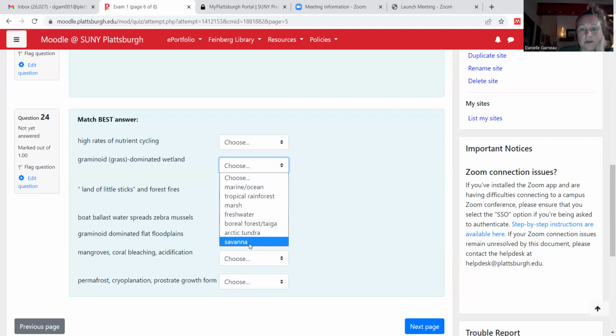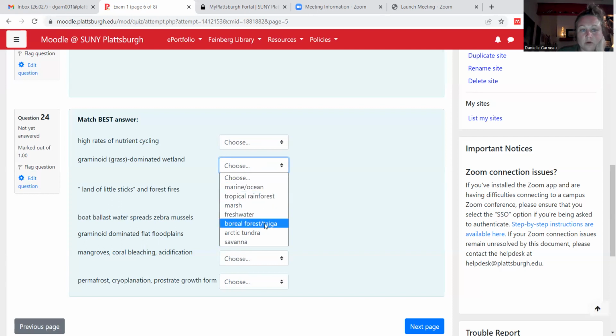So these open kind of savanna, wildebeest and zebra and all these roaming animals are moving across the landscape. Mangroves, coral bleaching, acidification. So that should hopefully key you into it being ocean. Saltwater system, and then permafrost, cryoplanation, and prostrate growth form.